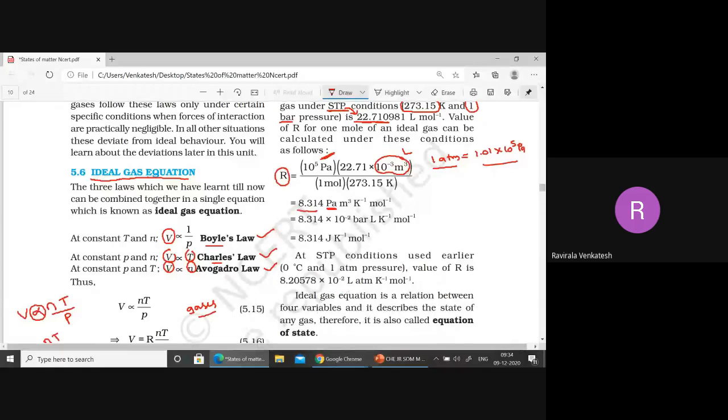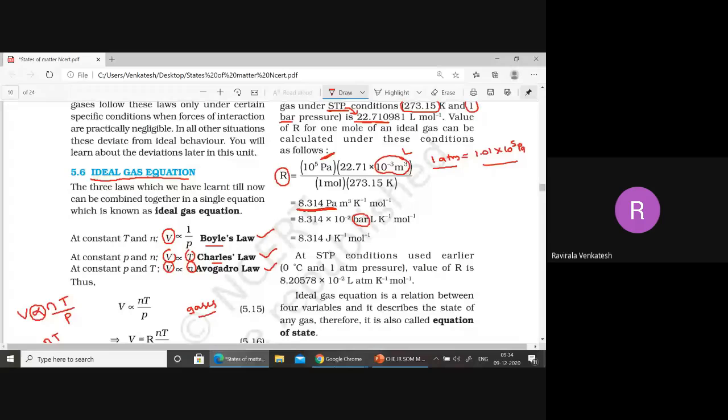But generally, Pascal type of units they don't give in the problems. Most of the cases they will give in terms of bars only, or in terms of joules. So you have to take 8.314 in terms of joule.